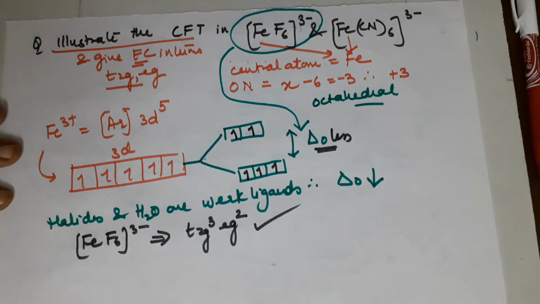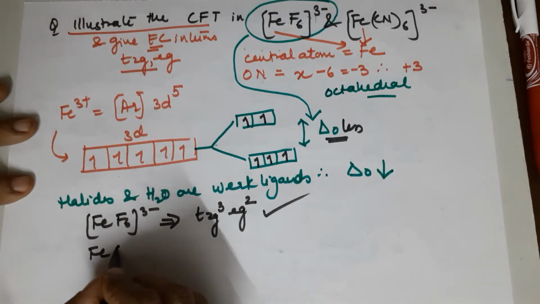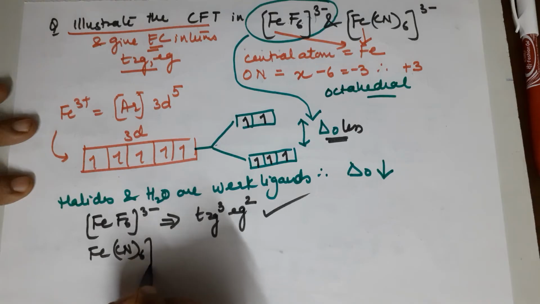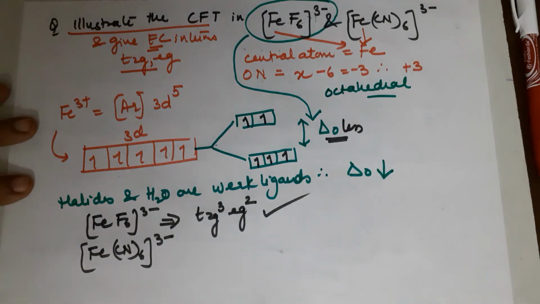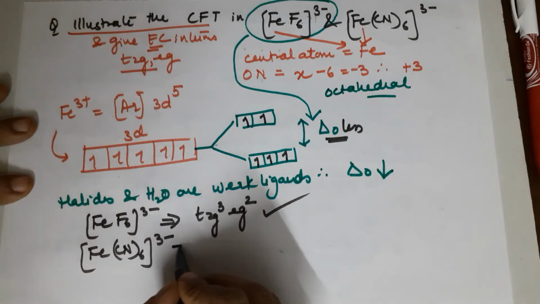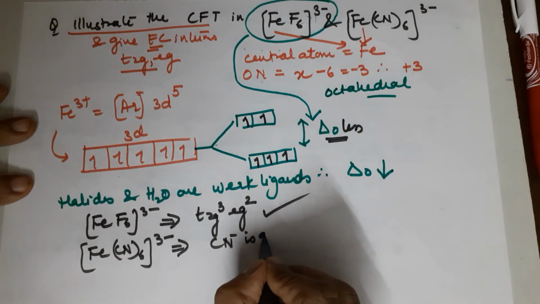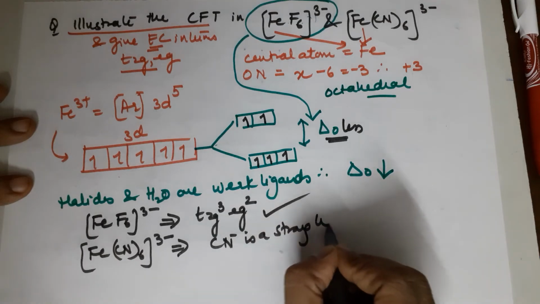I hope that's clear. But if the complex is the other one, as you very well know, in case of [Fe(CN)6]3-, both of them are d5 configurations. In case of d5, now in this case your CN is a strong ligand.